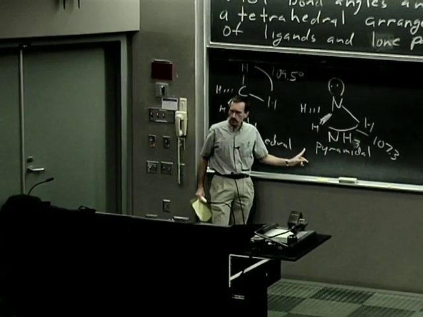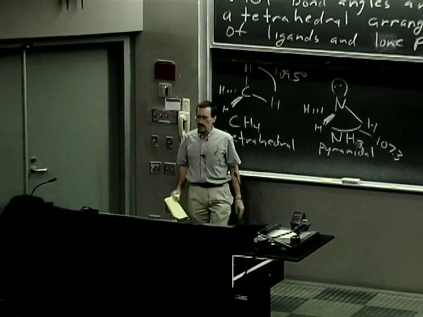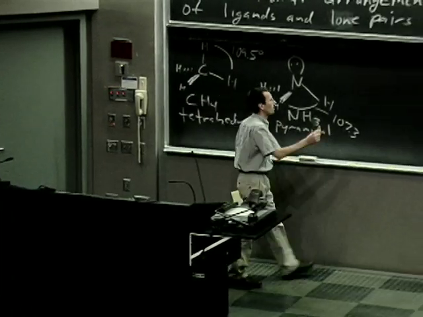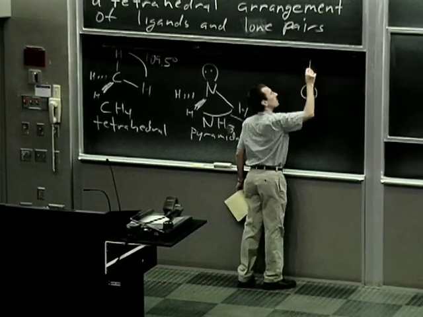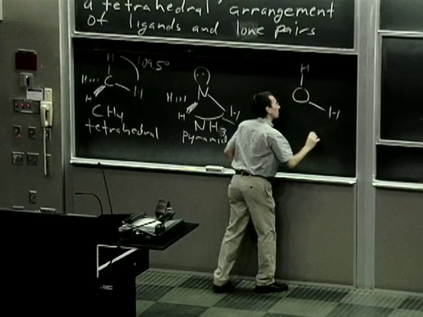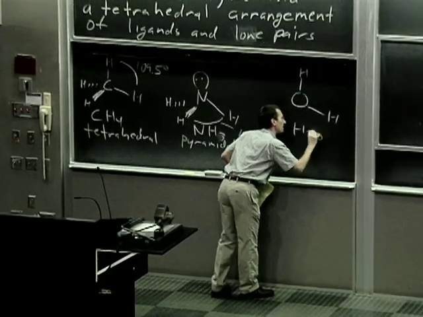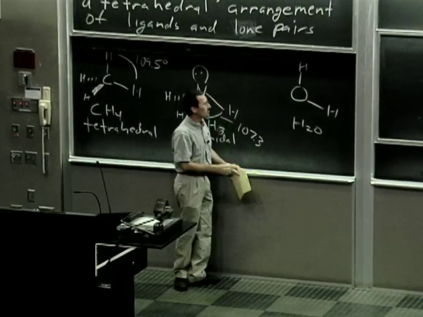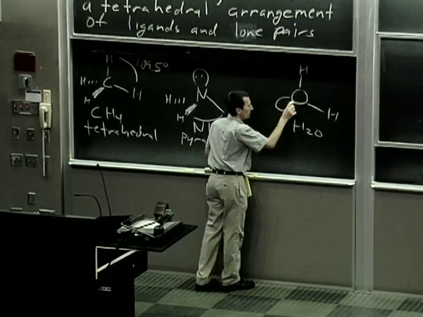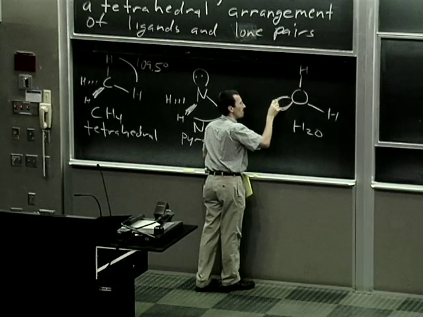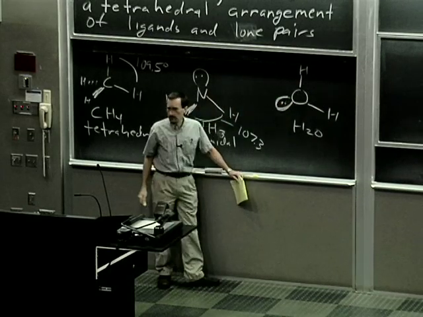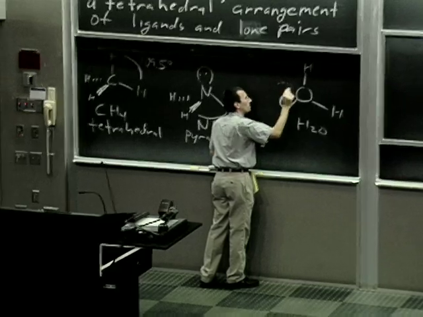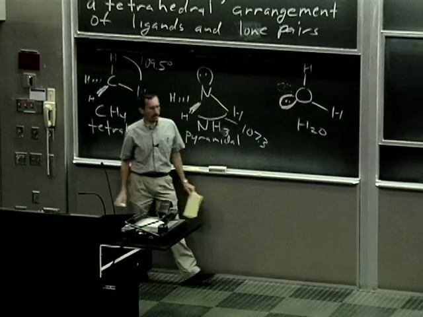As we continue to move across the periodic table, then, we get to oxygen and hence to water. And I'll draw the 2 hydrogens on water in the plane of the page and try to represent this molecule in 3-dimensionality by trying to show one lone pair coming out off the oxygen and the other lone pair going back.